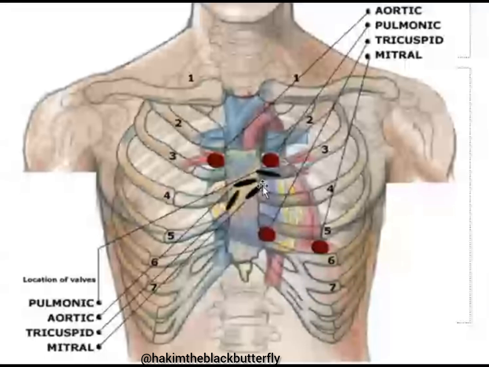The bicuspid valve, also known as the mitral valve, is deep to the sternum, adjacent to the fourth left costal cartilage, deep to the left half of the sternum. And this one, the tricuspid, is deep to the right half of the sternum, adjacent to the fourth right costal cartilage.